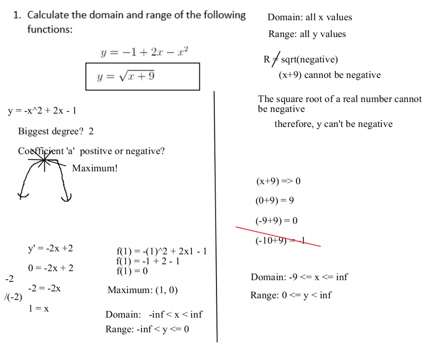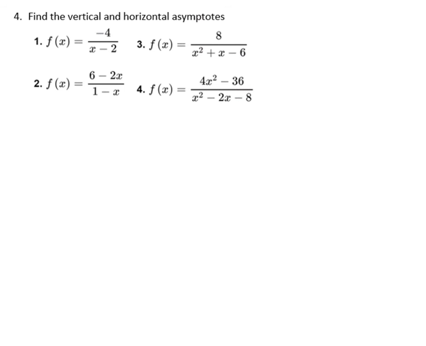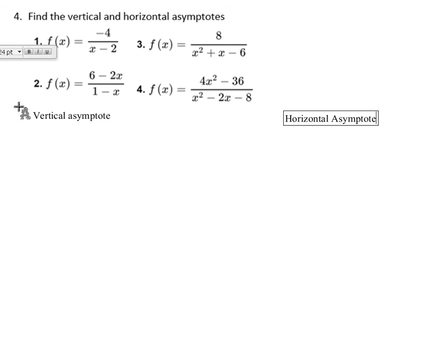Alrighty. So now what we're going to do is question 4. So let's go over to that. Okay. So what I might try to do for this one, I might try and do this.